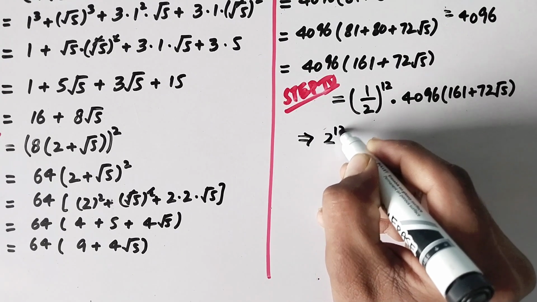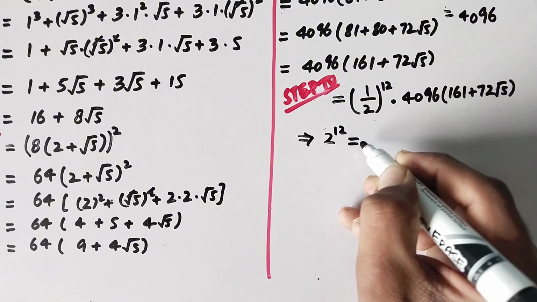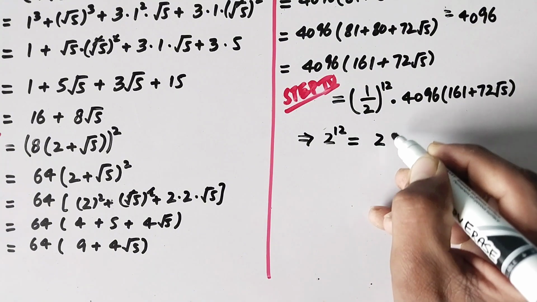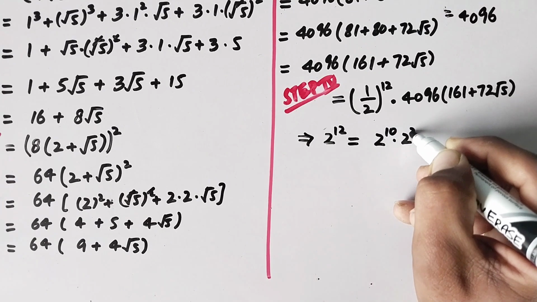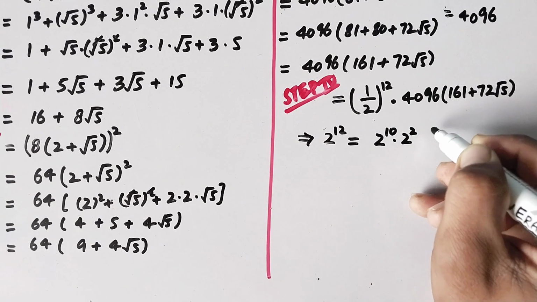Here we can write 2 to power 12 is equal to 2 to power 10 times 2 to power 2.